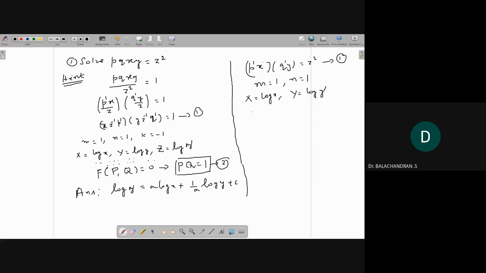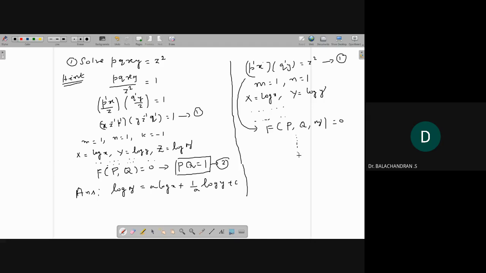Now again you should write the partial derivatives. Now the equation 1 is transformed into which form? F of p comma q comma z equal to 0, and you should solve this equation.